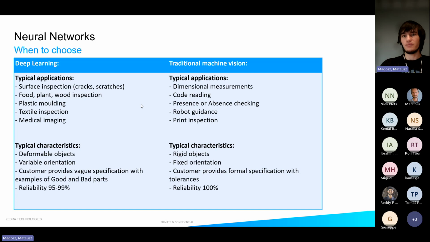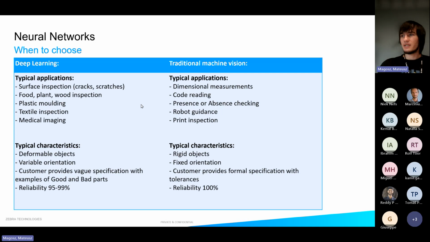If you are able to properly light the image and your object, and extract the features using the mechanical parts of your application, not the software part, it may not be necessary to use deep learning.